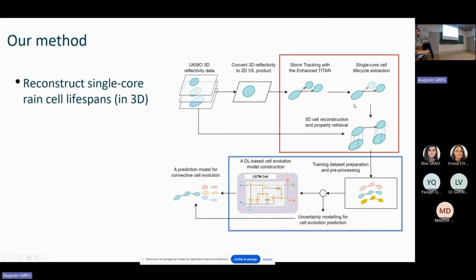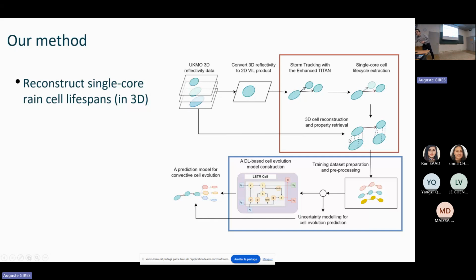And then after we identify the life cycle of our rain cell, we go back to the original 3D radar to reconstruct the entire 3D cell. From here we can reconstruct the entire 3D cell and how its life cycle changes through time.